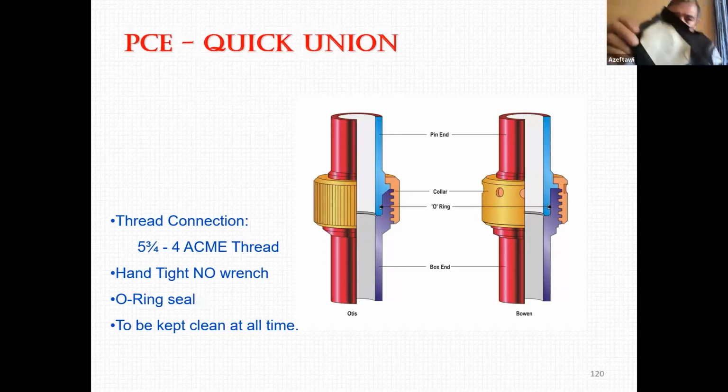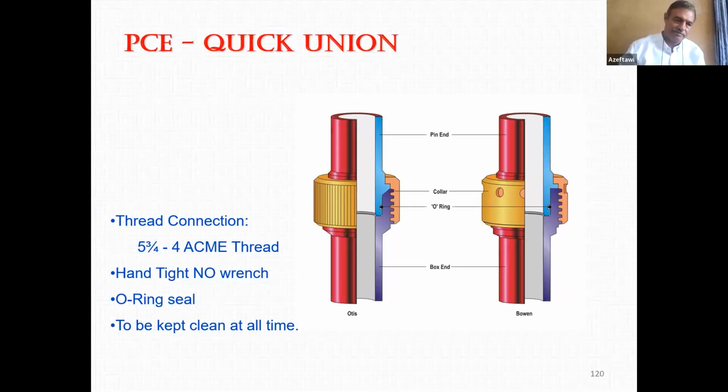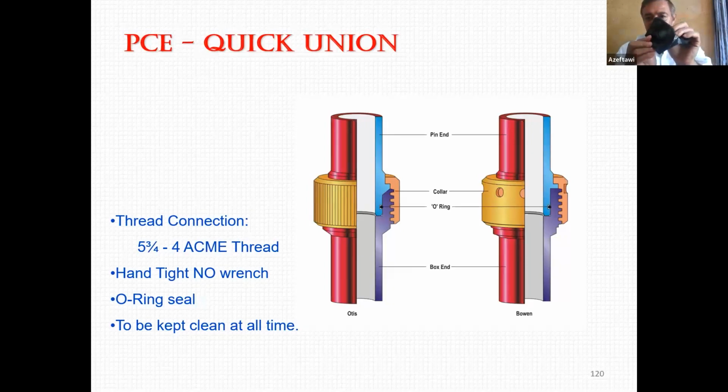Even this one, what's inside is an O-ring, brand new, never been used. If you take it out of the box and use it, it will leak, because this rubber, even if it is not used, has a shelf life.